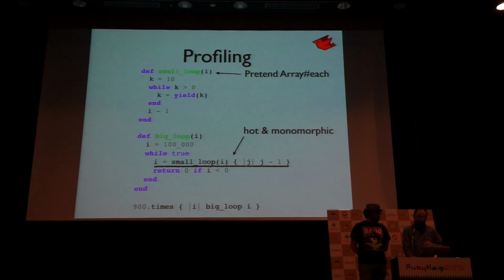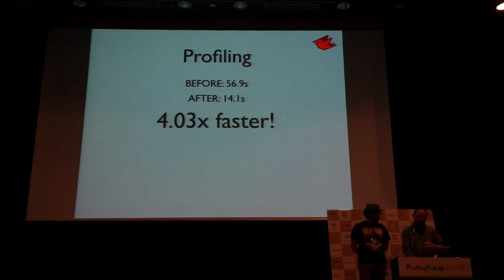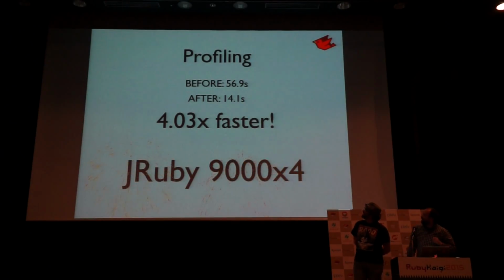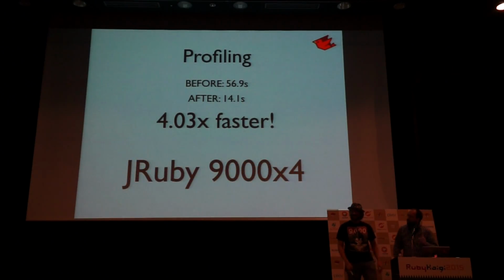So how well does it work? So I don't want anyone to walk out of here thinking that we're now running 4 times faster. It's only in one test case, and it happens to be maybe JRuby's worst case because we've never been able to inline blocks back to the call site.